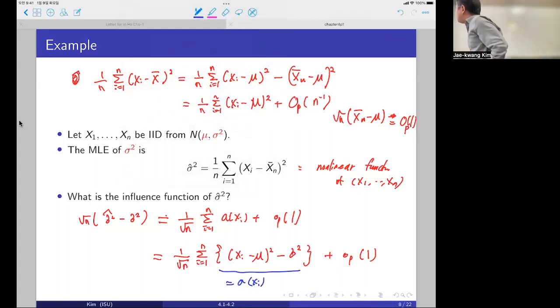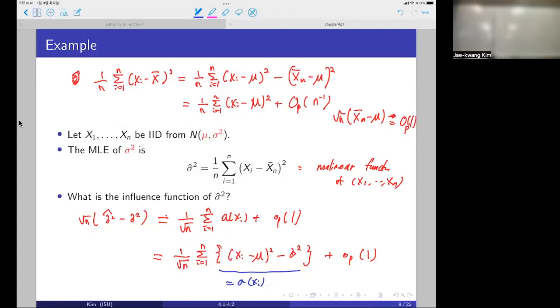Notice that if you take the expectation, this guy is sigma square, so sigma square minus sigma square, and the expectation is 0. An influence function should have a 0 expectation. So we use this one.